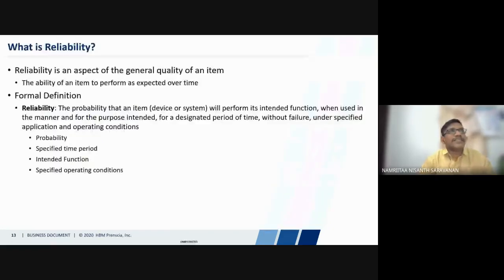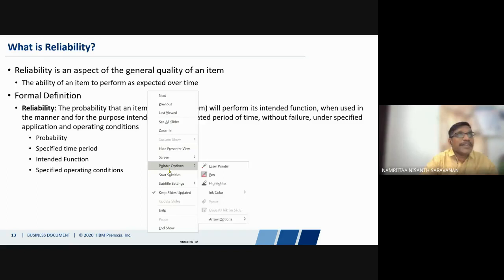As a formal definition, if you refer to any of the books, in simple English, reliability is the probability, the probability of the particular item, whether it will fail based on not fulfilling the function, right? So reliability is a mathematical function of probability, and reliability is a mathematical function of a specified time period.